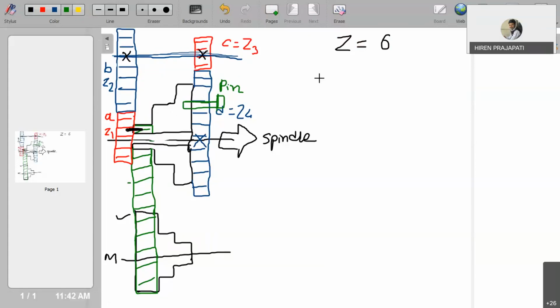So if pin is engaged, then how does power transmission take place?